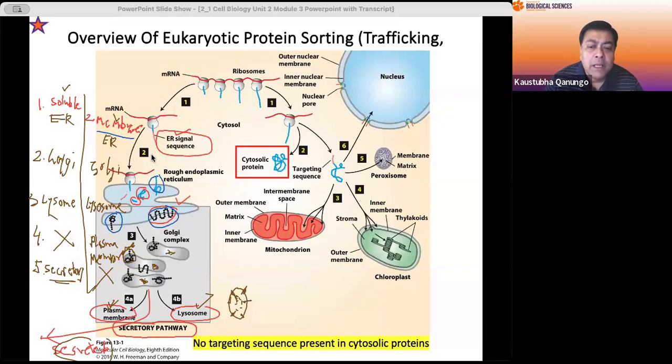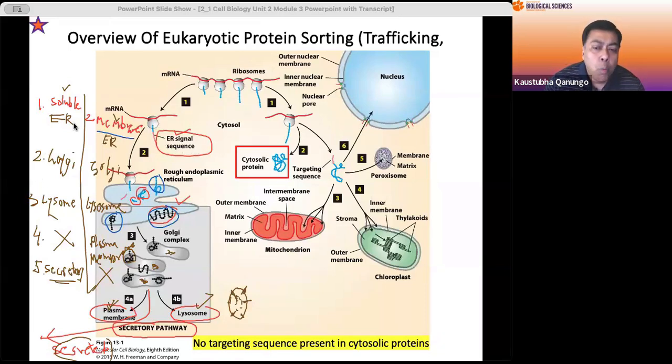We are going to see that it could be SRP or GET complex protein onto the cytosolic side of the ER, where it will be translocated into the lumen of the ER, or it could be inserted into the membrane. Now, the targeting sequence of the entire secretory pathway, so all these 5 different proteins, the targeting sequence is always the ER signal sequence.